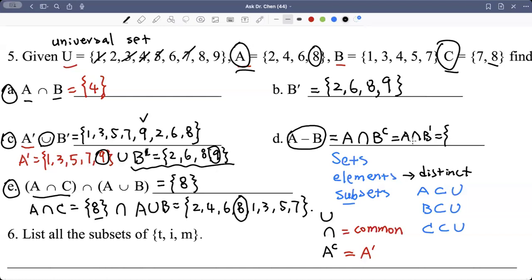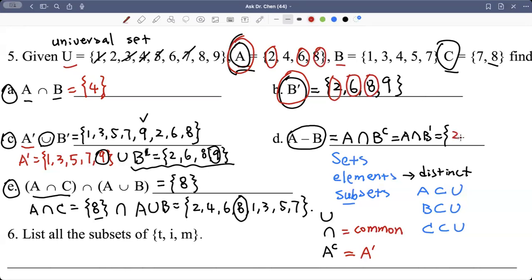So let's see. Elements in A and in B complement. Well, this is B complement, and this is A. So let's focus on set A and set B complement, the intersection of those two. What are the elements in both? 2, 6, and 8.